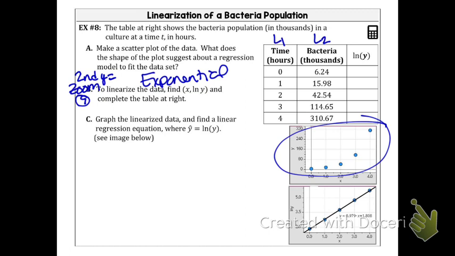So go up to L3 and type in natural log, open a parenthesis, and get L2 by hitting second and the 2 button, and hit enter, and it's going to fill in those numbers for you. So you'll see that at time 0, it's going to be 1.831. Then it's 2.771, 3.750, 4.742, and 5.739.